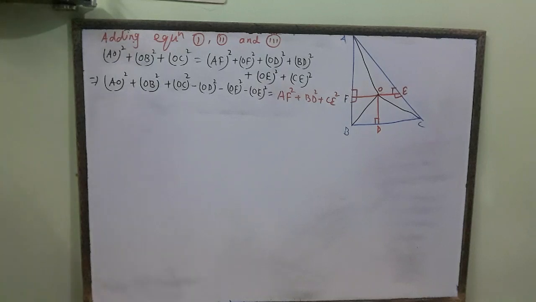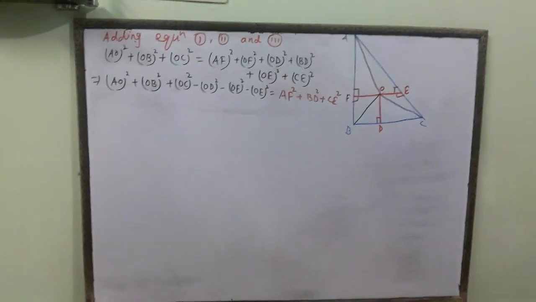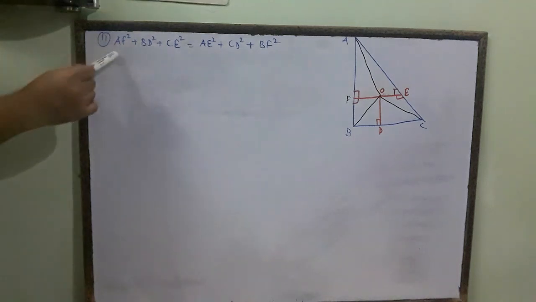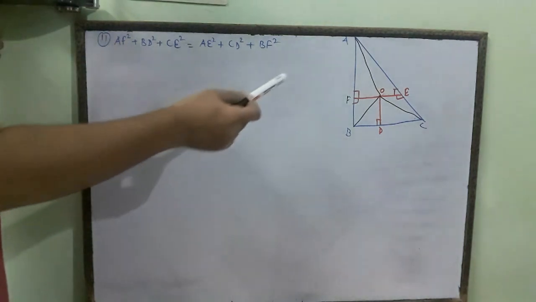So let's move to 8 part 2 and see how I will prove this one. See, this is the question of part 2: AF square plus BD square plus CE square is equal to AE square plus CD square plus BF square. So for AF square, what we have to do?